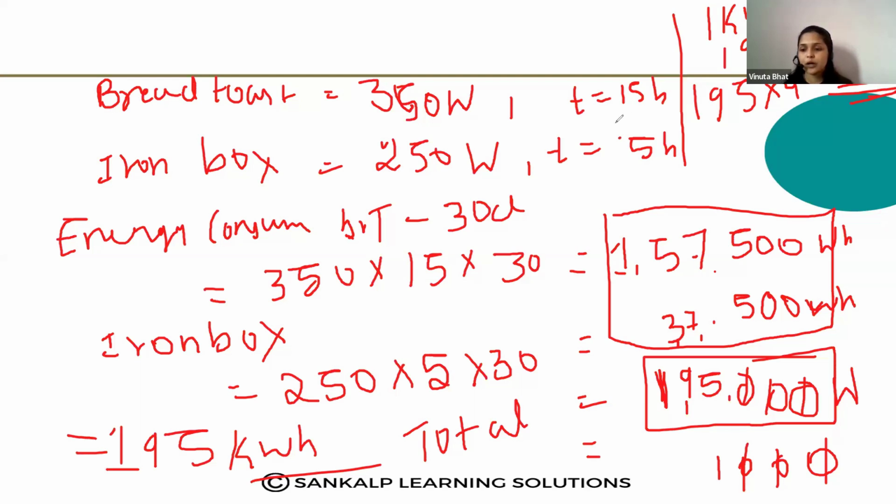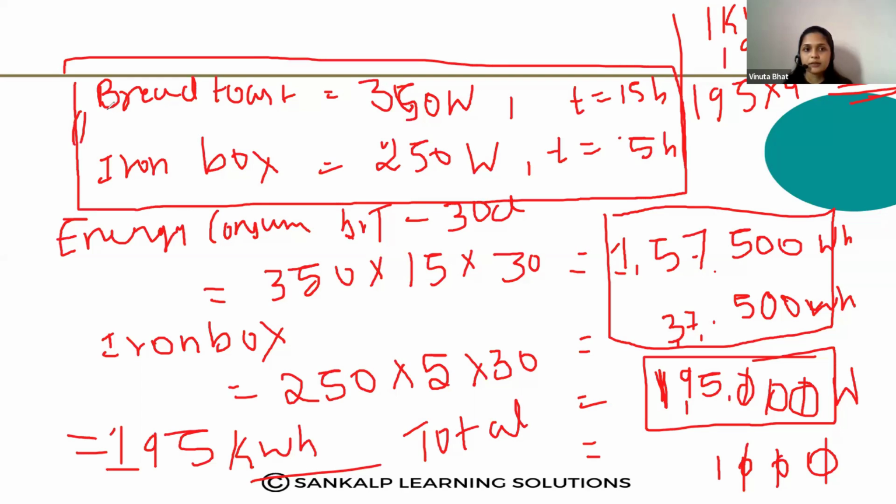This is how you have to find out the answer for this question. First, you have to write down the given data. This is the first step. In the next step, find out the energy consumed by the bread toaster, that is 1,57,500, and the iron box, consumed over 30 days, that is 37,500. Then add them to get the total watt hours, that is 1,95,000.